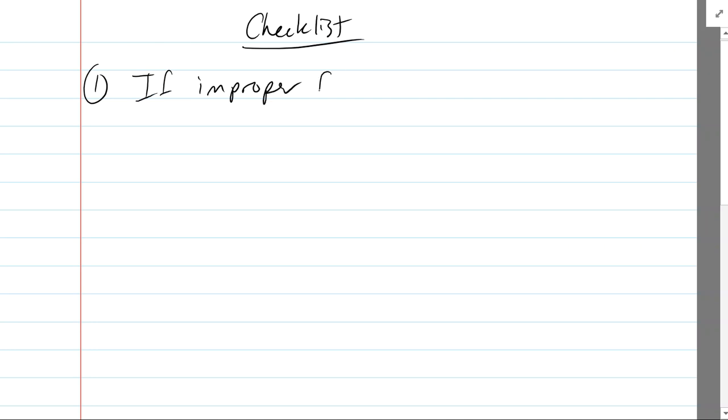Okay, here's your checklist for partial fractions. 1, if it's an improper fraction, that means the order of the numerator is greater than the order of the denominator.